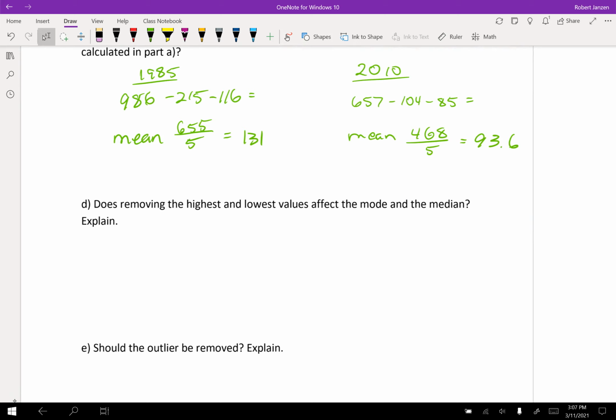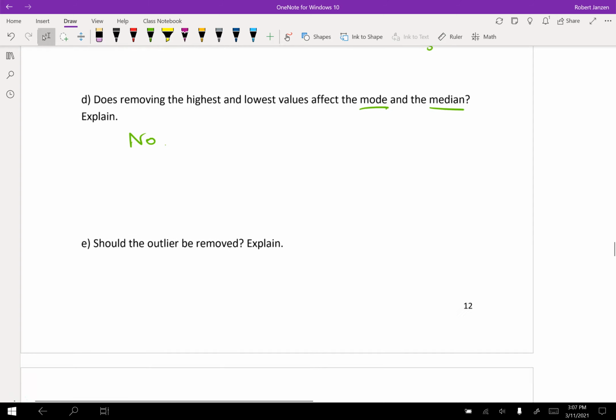Okay, does removing the highest and lowest values affect the mode and the median? No. The mode and median will still be the same. All right, and should the outlier be removed? Explain. I guess it depends on the purpose that you're trying to look at for the average.